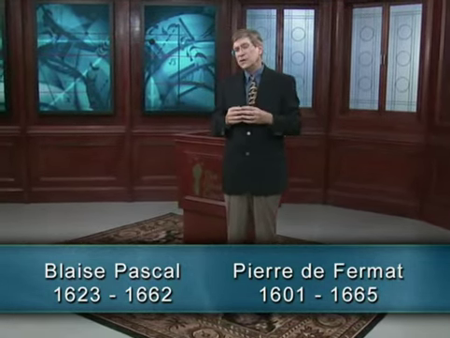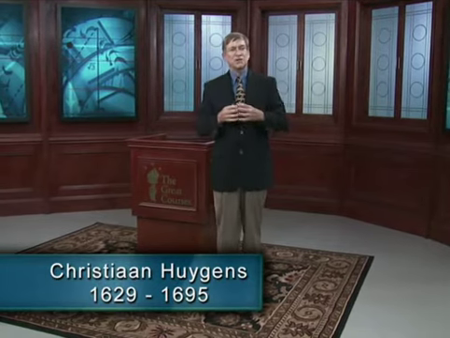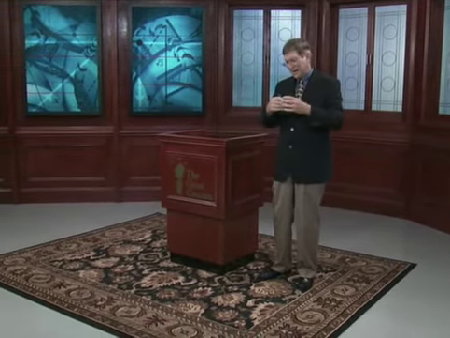These two mathematicians made great contributions to the theory of probability. In 1657, the first book came out on probability, written by Christiaan Huygens, a Dutch mathematician, also living in the 1600s. And as I said before, this has grown not just from gambling, but it's now a field that permeates lots and lots of science and engineering.